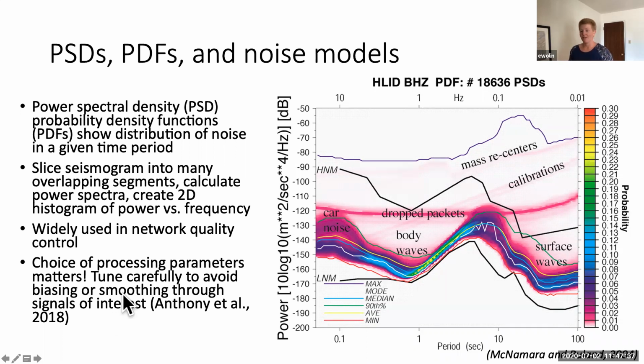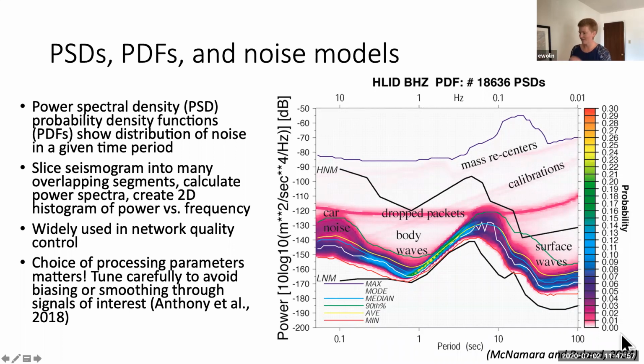I do want to point out the choice of processing that goes into this, right? This process involves taking a seismogram, slicing it up into overlapping segments, and then smoothing the resulting power spectra. Those choices of windowing and smoothing should be very carefully tuned to what you're trying to monitor.